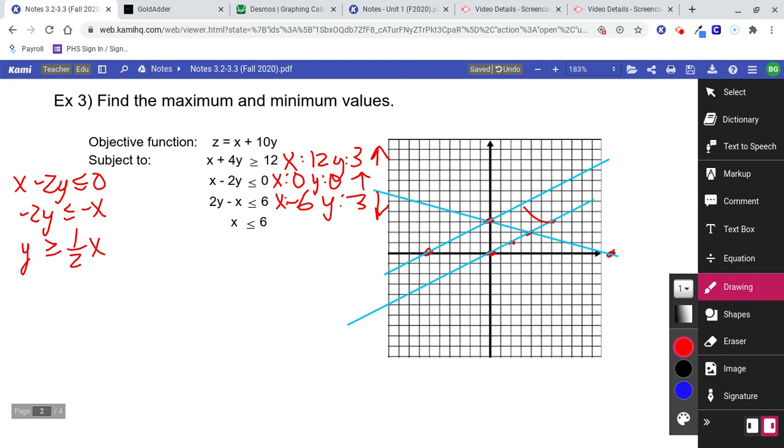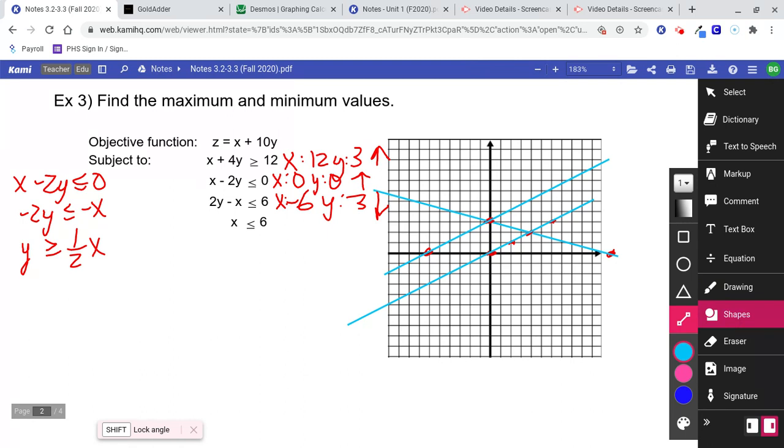But then you've also got x is less than or equal to 6. That's going to be a vertical line. 1, 2, 3, 4, 5, 6. Missed. Vertical line right there. Let's try that again.